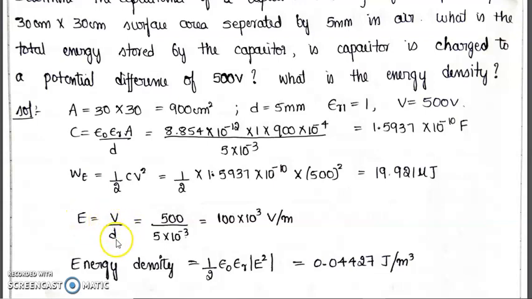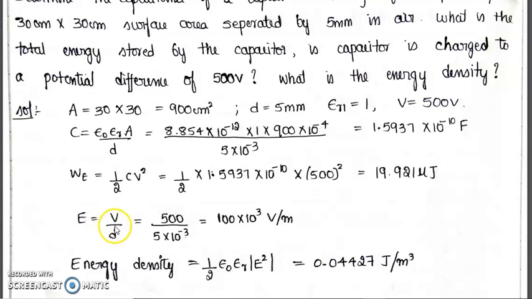Electric field intensity is equal to potential divided by distance, because E is equal to Q by 4 pi epsilon naught R square and V is equal to Q by 4 pi epsilon R. If you compare both, the relation will be obtained as E is equal to V by D.